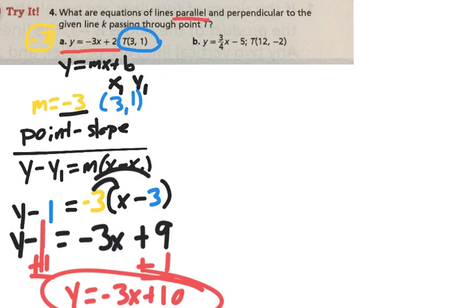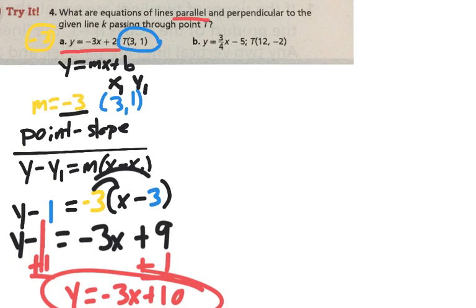So the slope of their line is what? Negative 3. So the slope of my line needs to be positive reciprocal. What's the reciprocal of 3? 1/3. Yes. So the slope of my line needs to be 1/3.